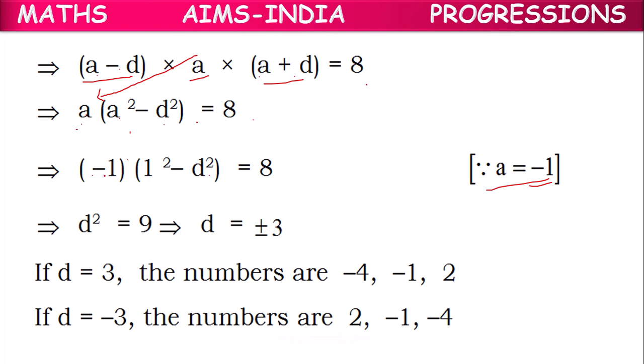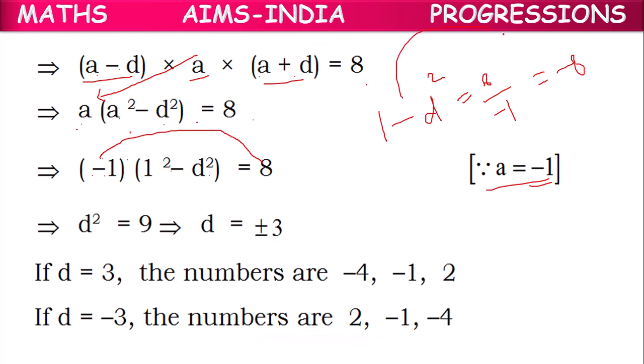So -1 will come this side. It will become -1 into (1 minus d square) equals 8, so 1 minus d square equals 8 by -1, which is equal to -8.